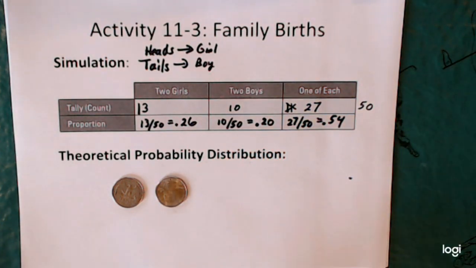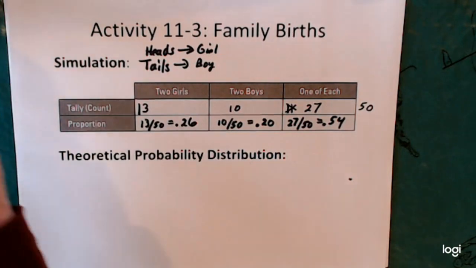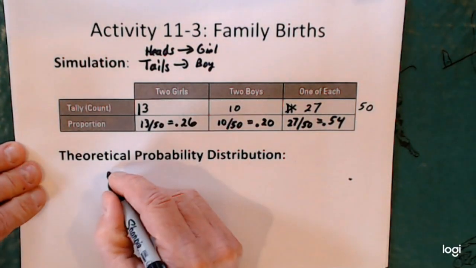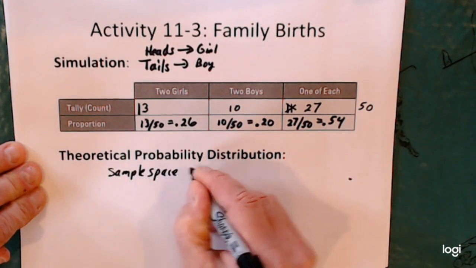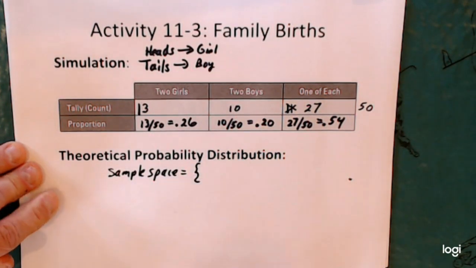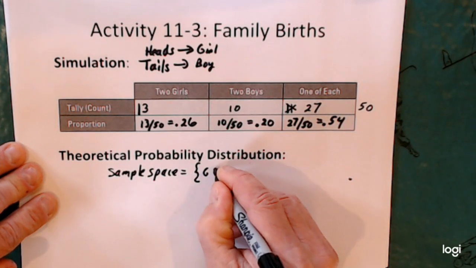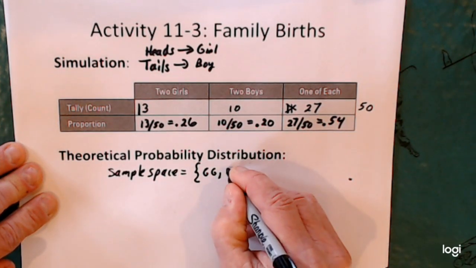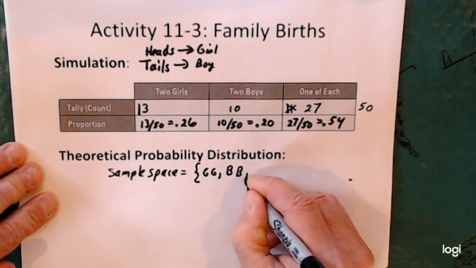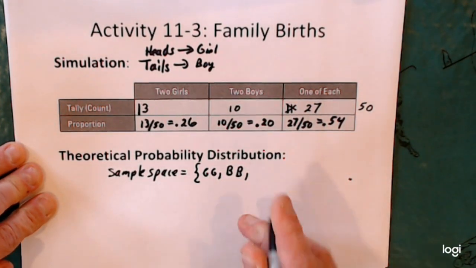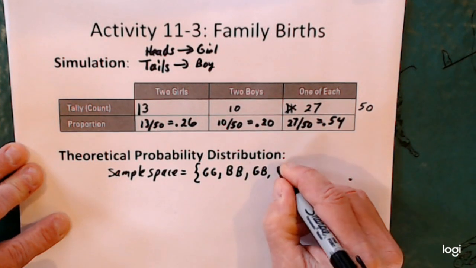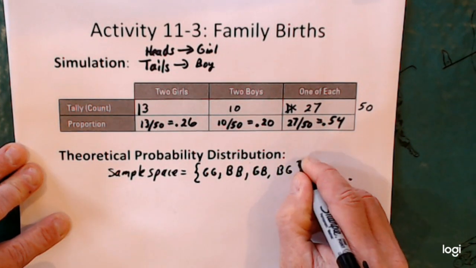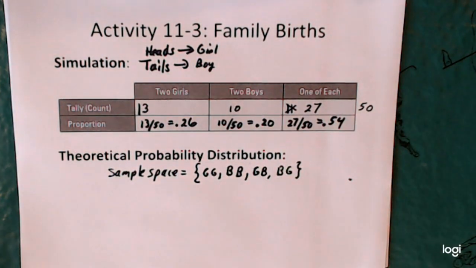So if we're thinking about our sample space and equally likely outcomes, our sample space consists of, okay, we can have 2 girls, girl, girl. We can have 2 boys, boy, boy, or we can have 1 of each. But there's 2 ways that can happen, right? We can have a girl followed by a boy, or we can have a boy followed by a girl. And those are our equally likely outcomes, okay?